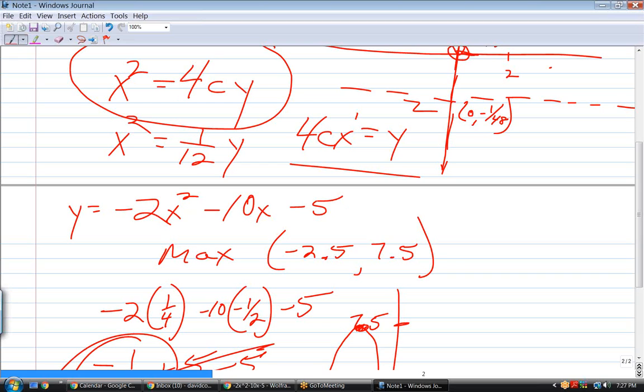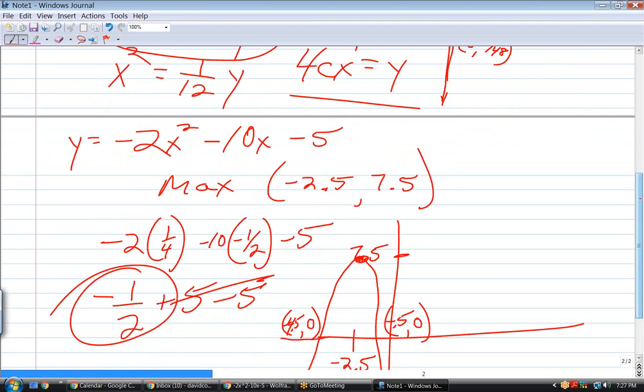It's really easy to do because every term disappears except the constant. So -5. And that's always the Y-intercept, whatever the constant is, because when you plug in 0 for X, this term's always going to go away, this term's always going to go away, and you're going to be left with Y equals -5. Whatever this number is.